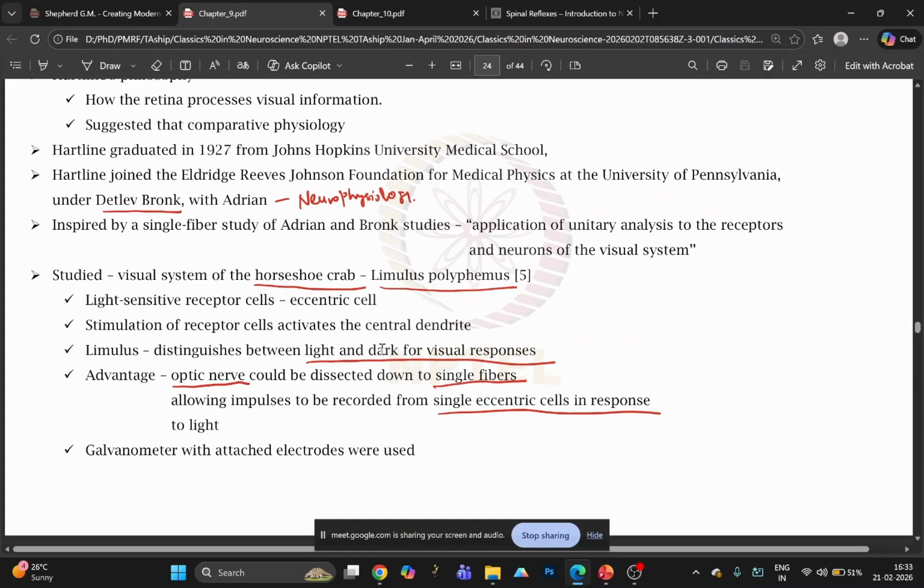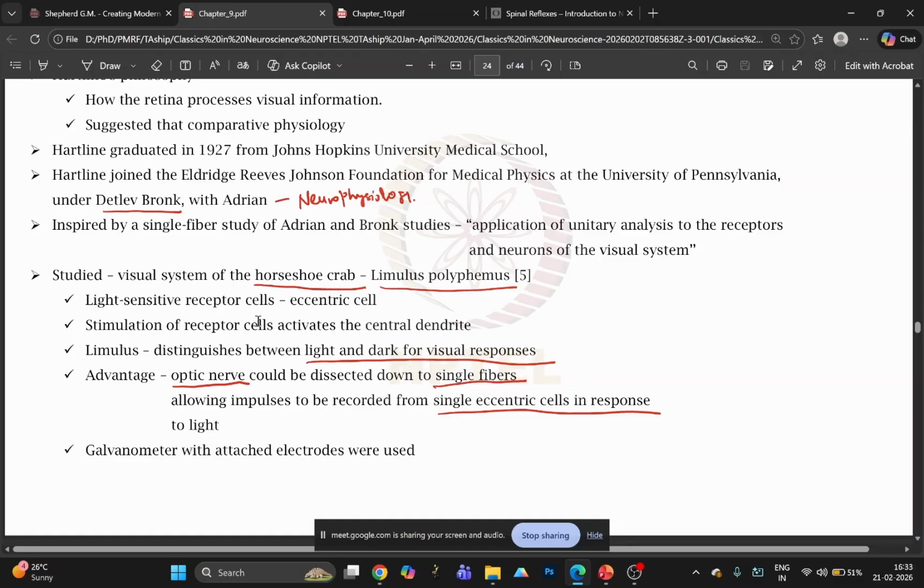Now, the advantage was that the optic nerve of the Limulus could be dissected to even single fibers.